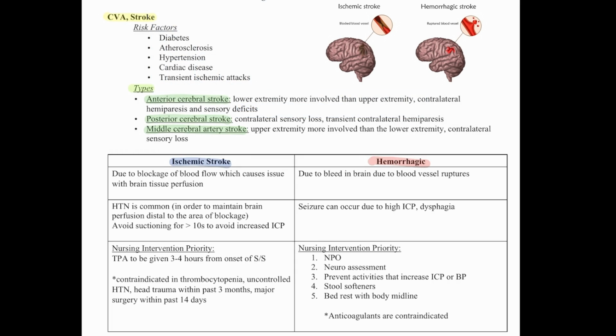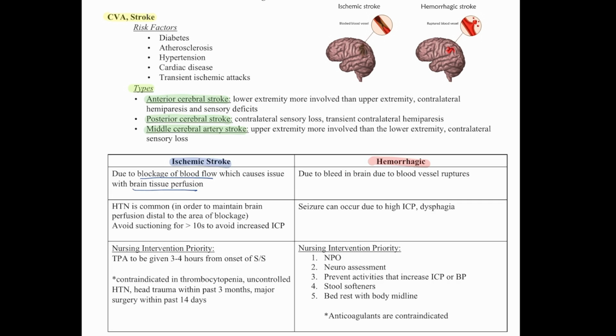ischemic stroke. So an ischemic stroke is due to the blockage of blood flow, which causes an issue with brain tissue perfusion. Hypertension is common in order to maintain brain perfusion distal to the area of the blockage, and we want to avoid suctioning for greater than 10 seconds to avoid increased intracranial pressure.